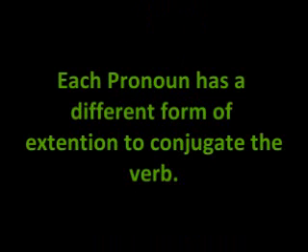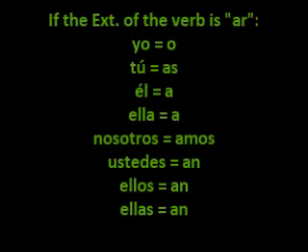Now, each pronoun has a different conjugation form for the extension. If the extension of the verb is ar, it becomes: yo, o; tú, as; él, ella, a; nosotros, amos; ustedes, ellos, ellas, an.